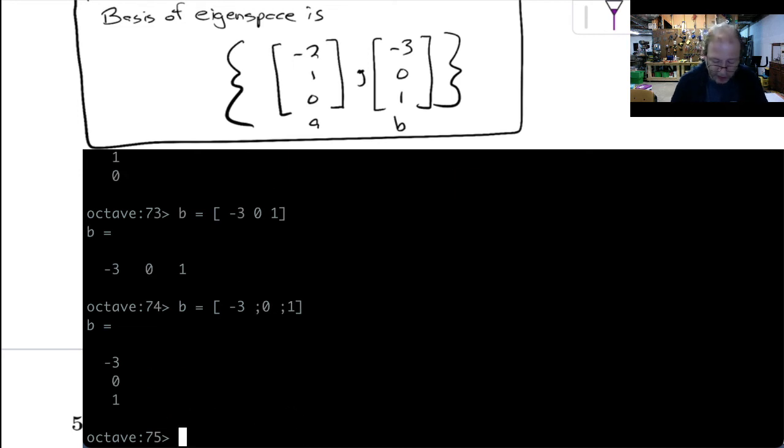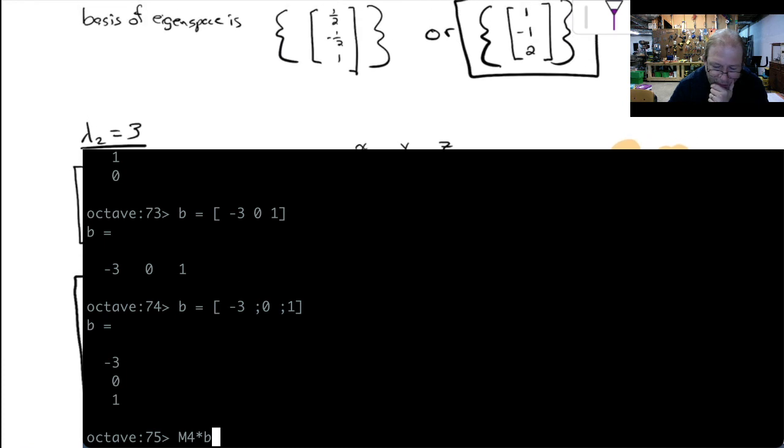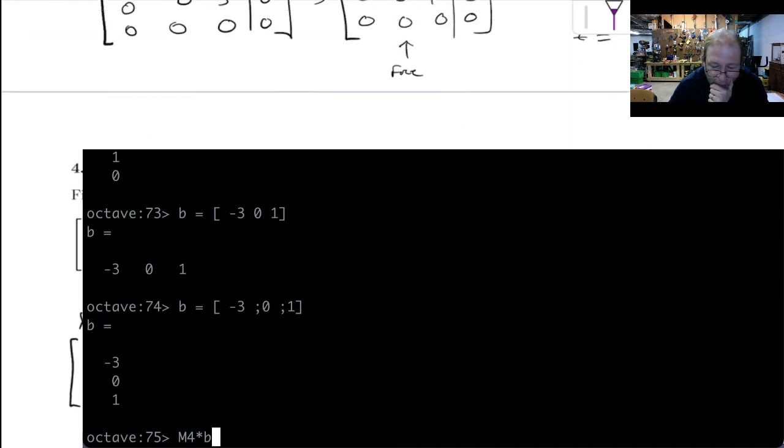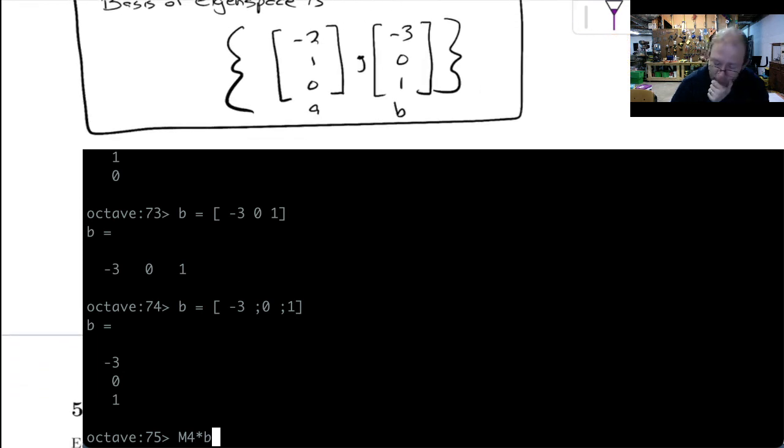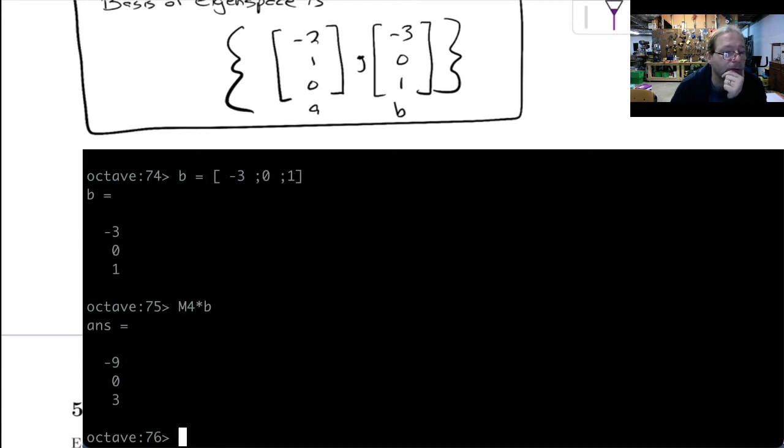All right, so if I take M4 and I multiply it by B, what was the eigenvalue here? The eigenvalue we were dealing with was 3. So if I multiply this out, it should give me negative 9, 0, 3. And same for A. If I take M4 and multiply it by A, it should give me negative 6, 3, 0.